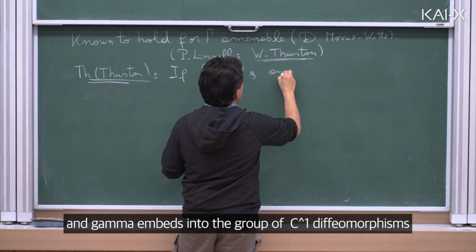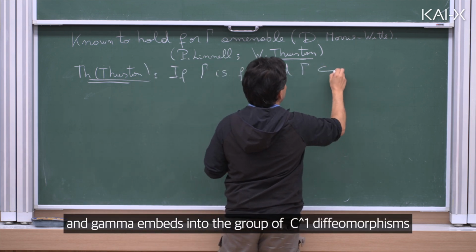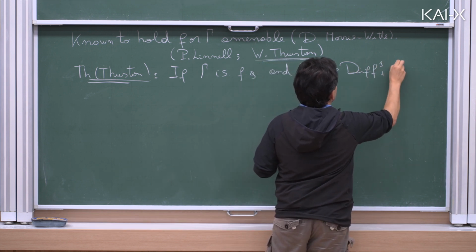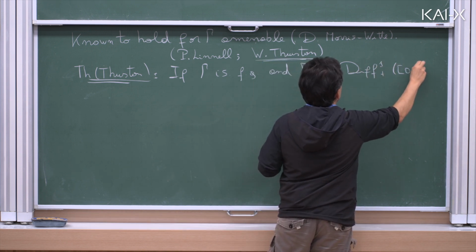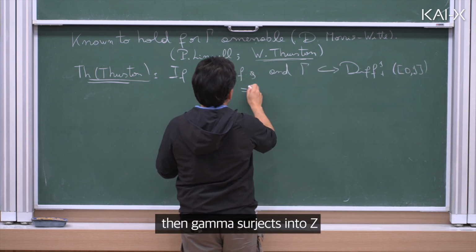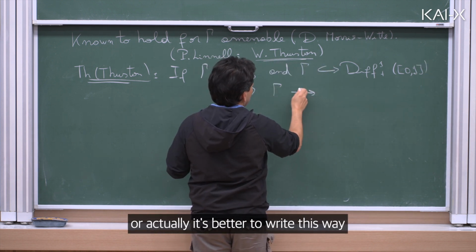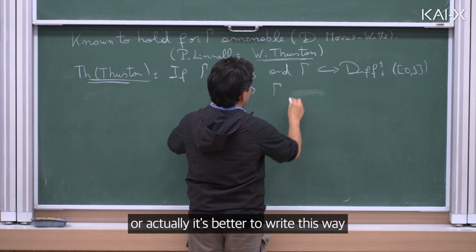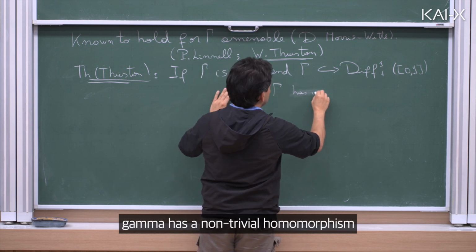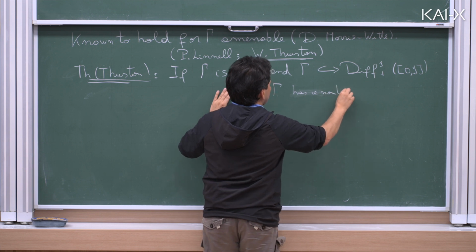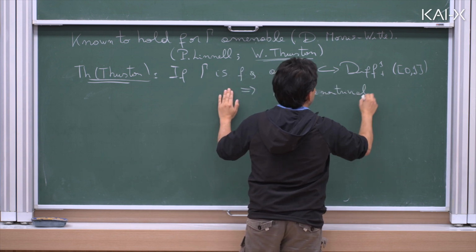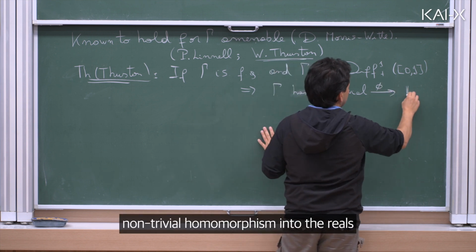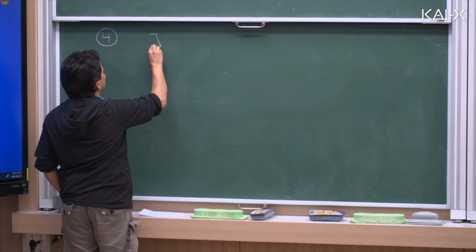And gamma embeds into the group of C1 diffeomorphisms. Then gamma surjects into Z. Or actually, it's better to write this way: gamma has a non-trivial homomorphism into the reals, if you wish.